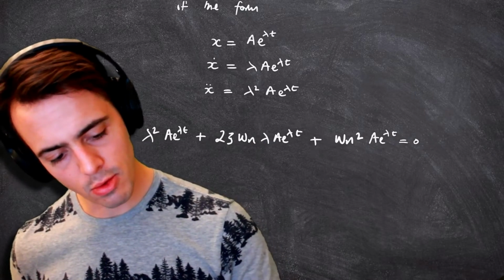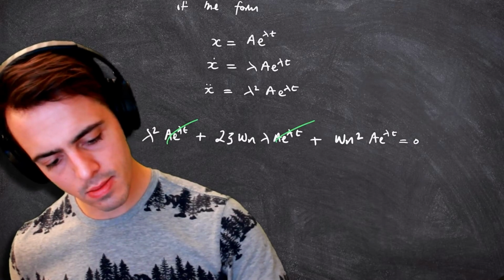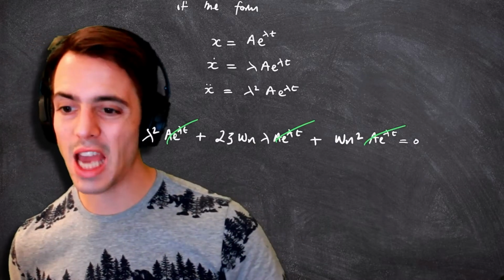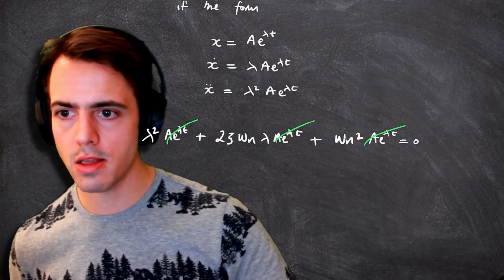Okay, we can cancel all of these A e to the lambda t's. This is then a quadratic, the characteristic equation of this system.